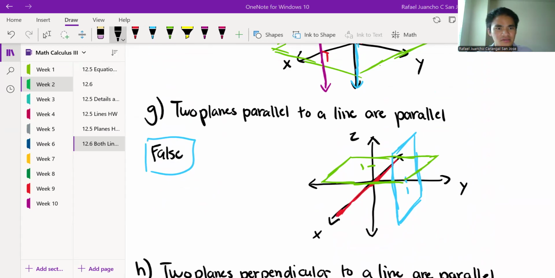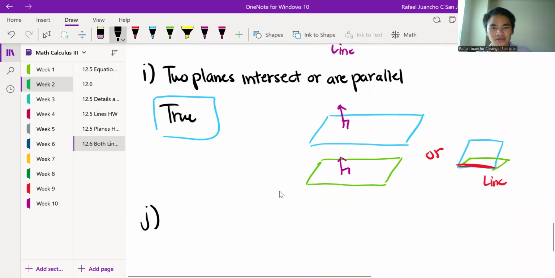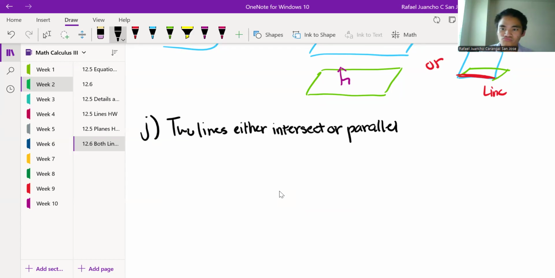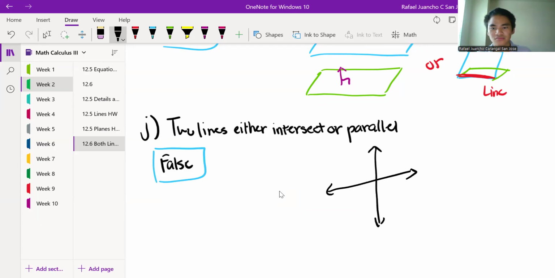Now here we're talking about two lines. Two lines either intersect or are parallel. Well, this is false, because you can have skew lines. If we were given some x, y, z in space, we can have a line that goes here.